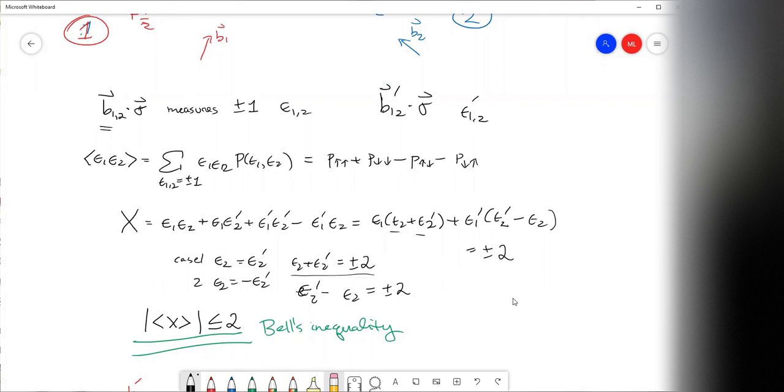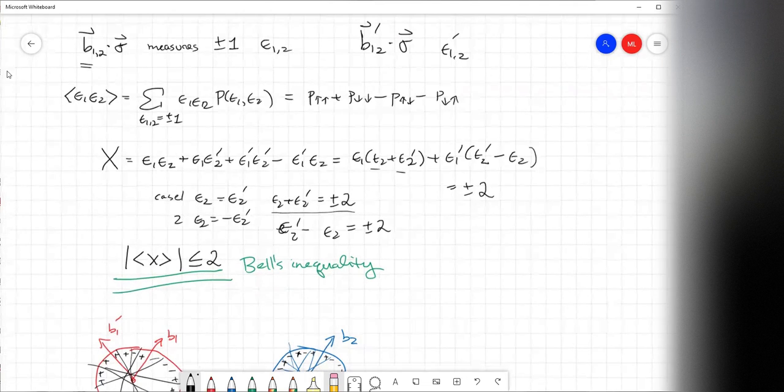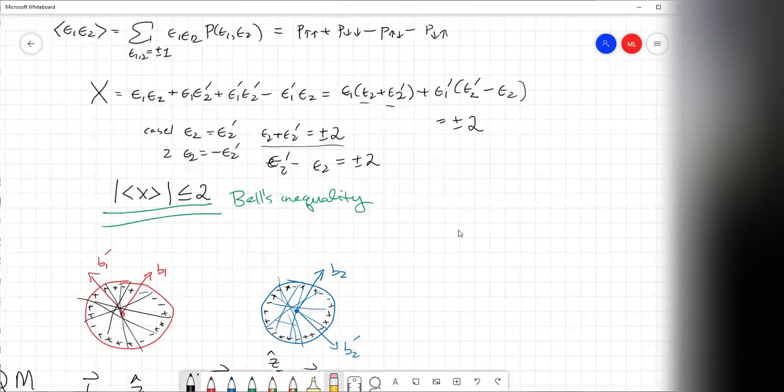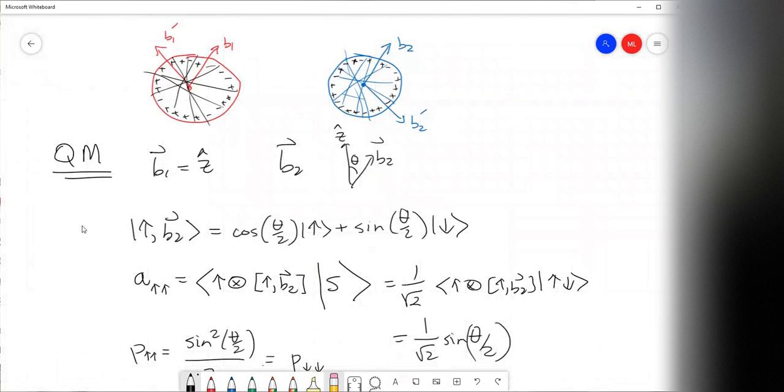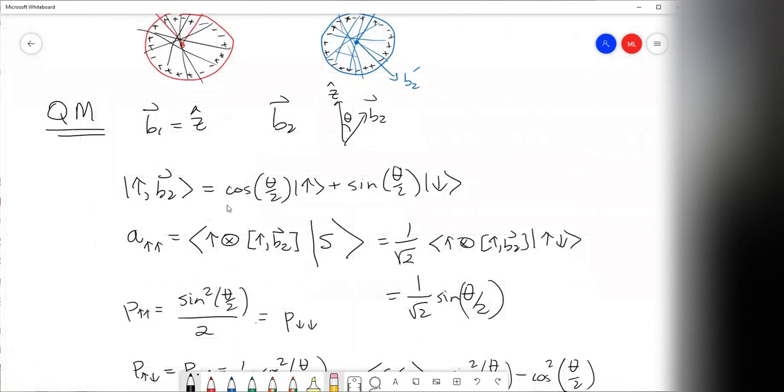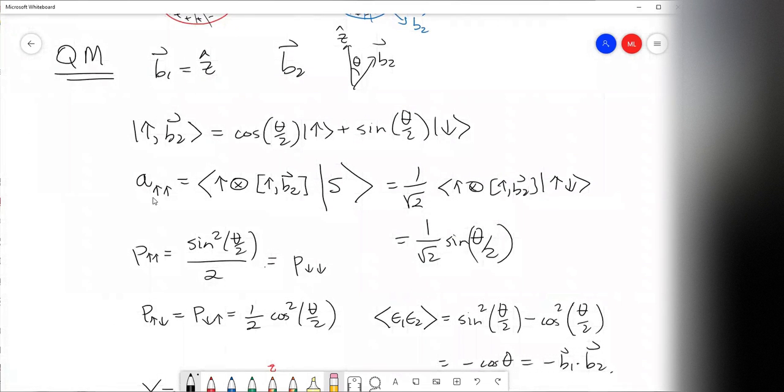And we compute the expectation value with respect to the spin singlet, which is the state that we're using. And that's what we're doing here. We're actually calculating those probabilities from the expectation value here.